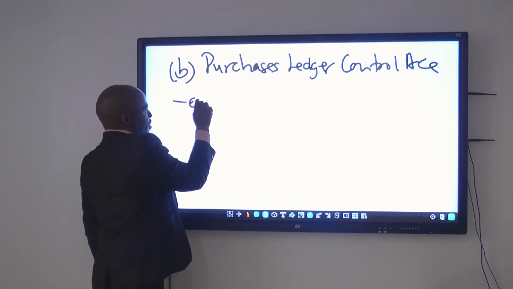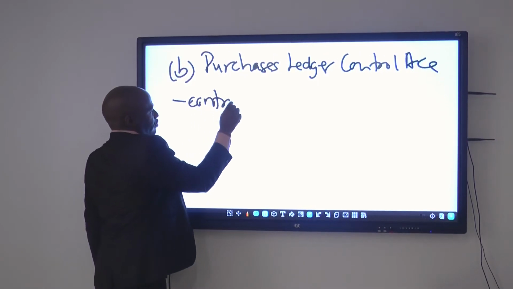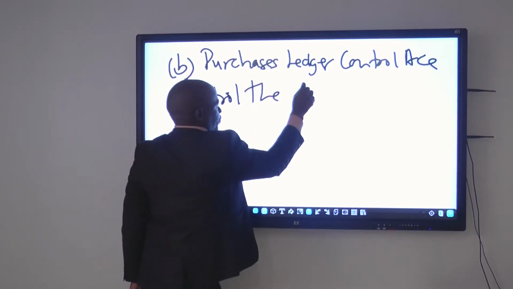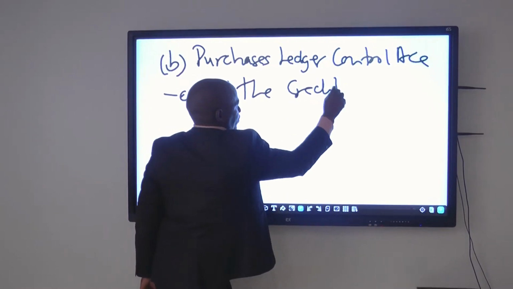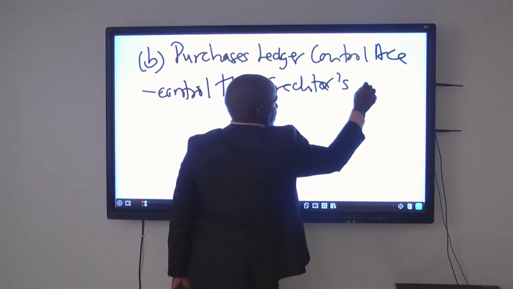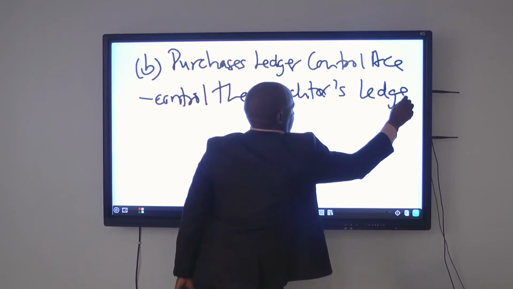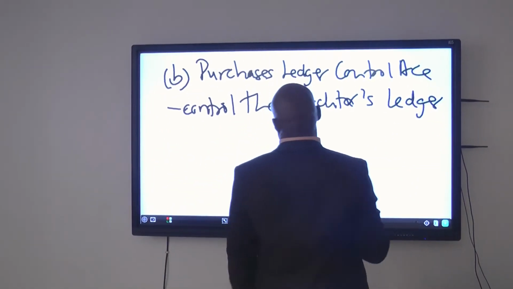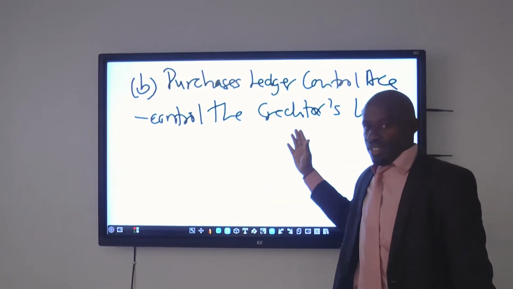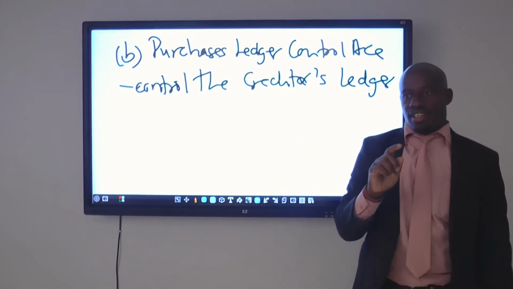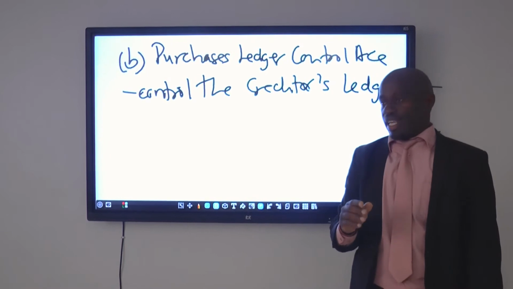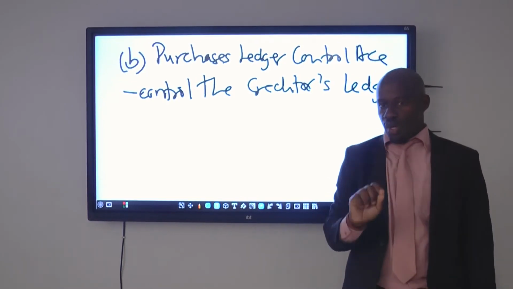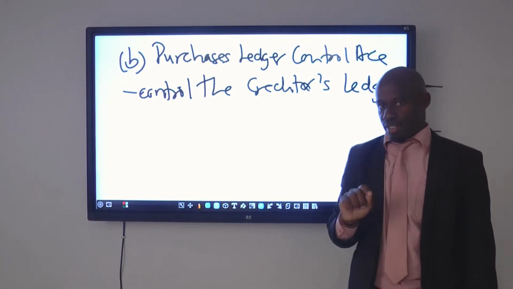It controls the creditors ledger. Okay, now we have defined what a control account is. A control account is a total account.